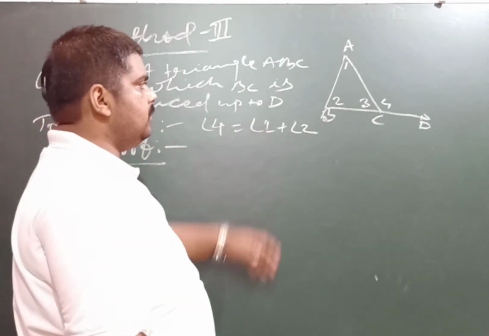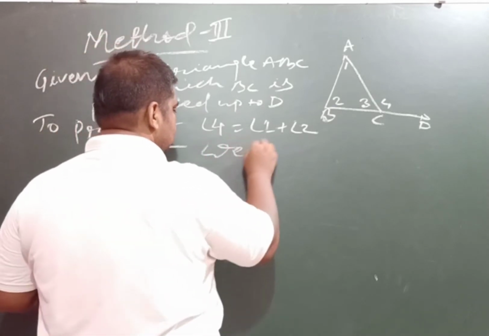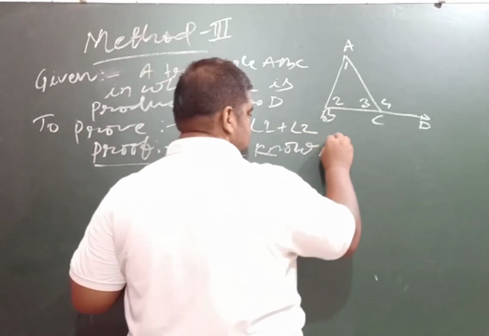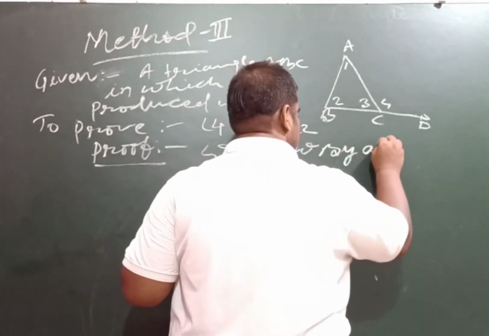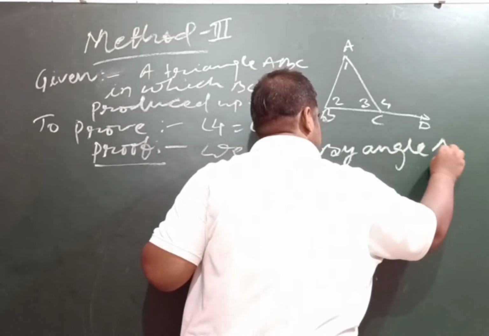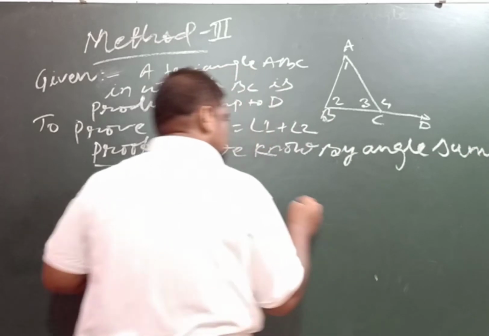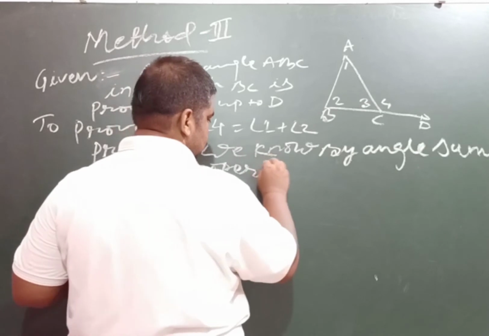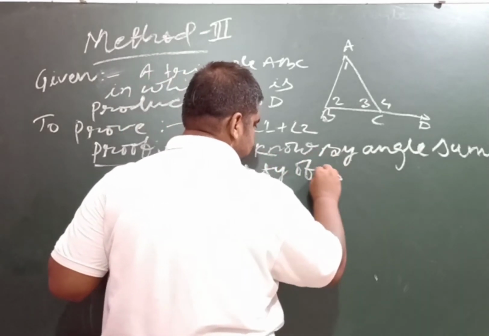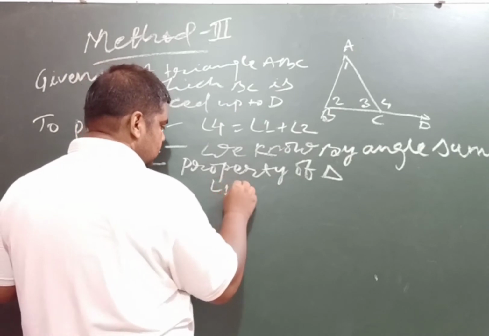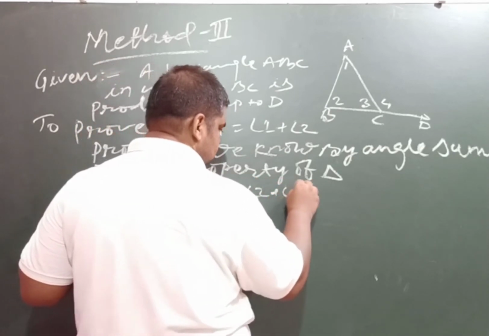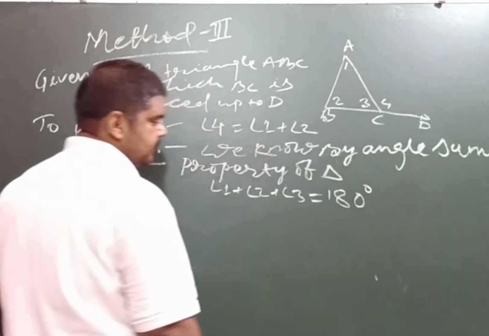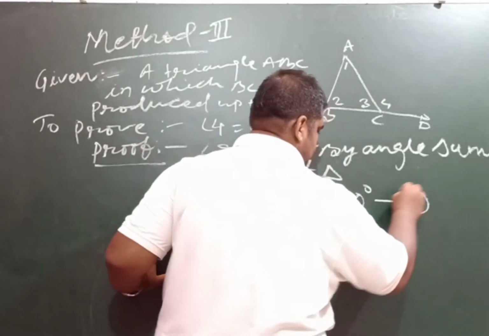My dear, you know very well that by the angle sum property of a triangle, angle 1 plus angle 2 plus angle 3 is equal to 180 degrees, and it is considered as 1.